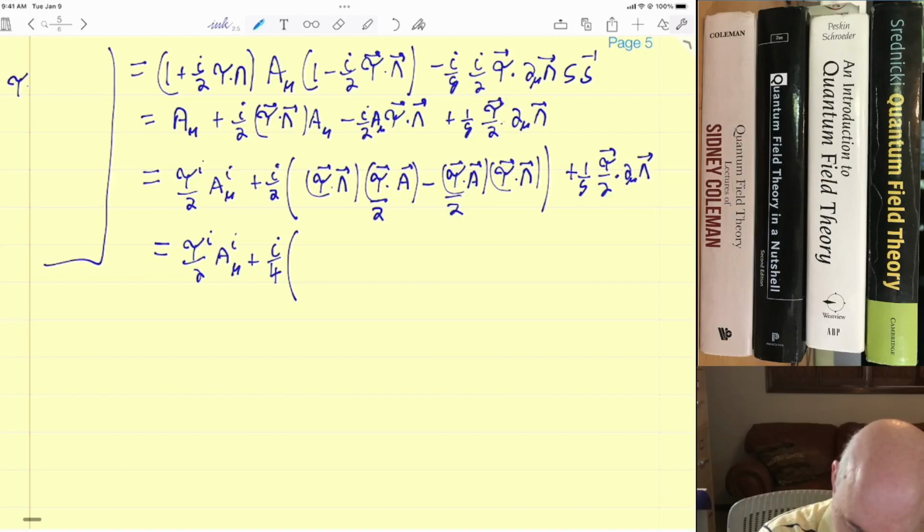Tau dot x, tau dot y is equal to x dot y plus i tau dot x cross y. This is the vector cross product.